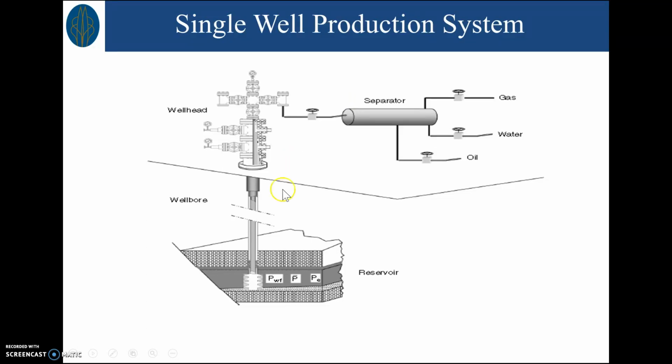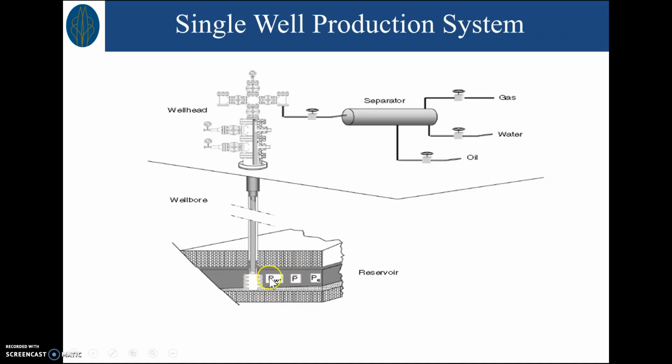This reservoir pressure will push the oil or gas from the reservoir. The oil or gas are initially located inside a permeable zone, a sandstone or calcite formation.